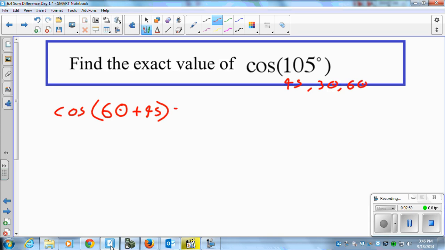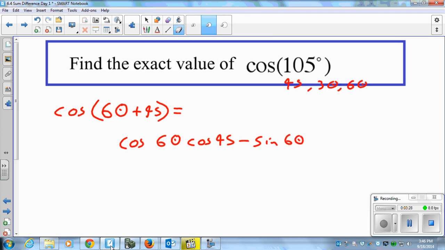So using my sum formula, I can do the cosine of 60, cosine of 45. The sign switches, so this is minus for cosine, and then I do sine of 60, sine of 45.